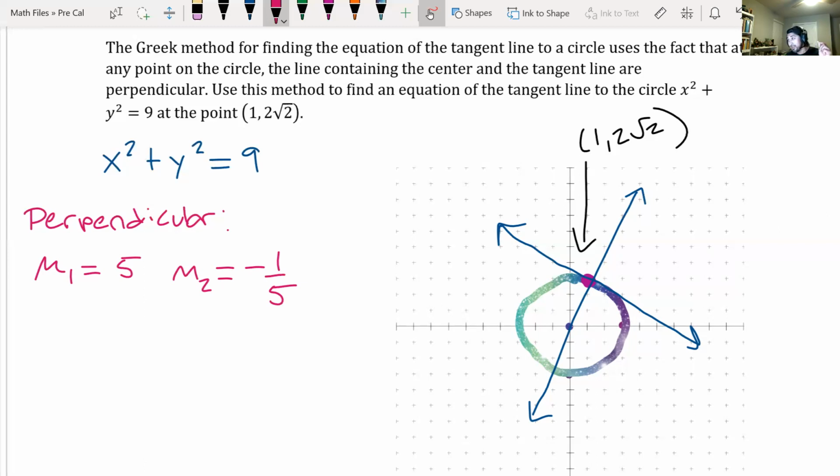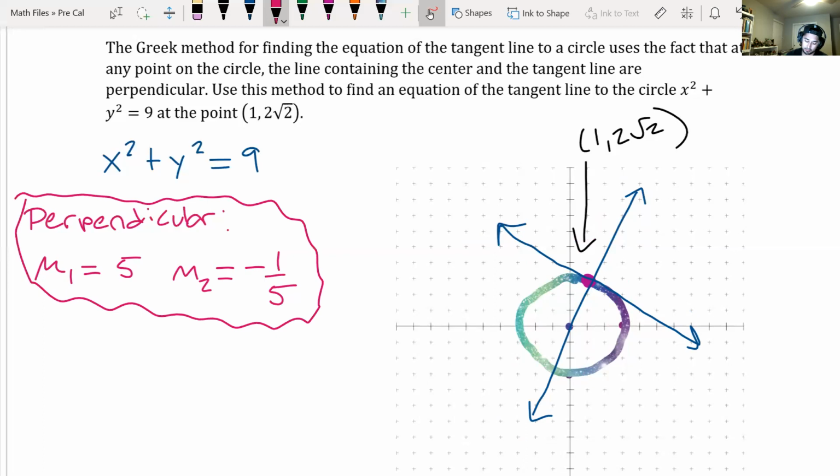So this means we have our work cut out for us, because what we need to do first is find the slope of the line that contains the center. And if we find the slope of that line, this means we find the slope of this line. Make sense? I'll just put this as a note, because this isn't part of the problem.